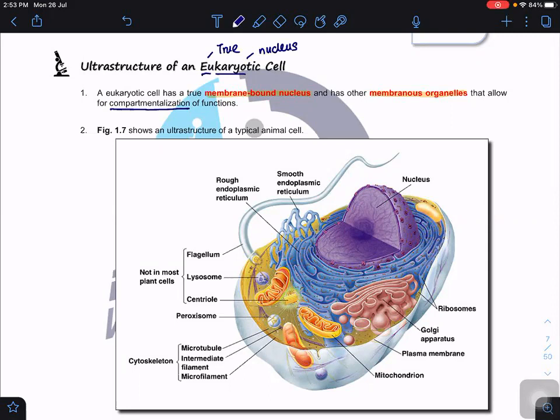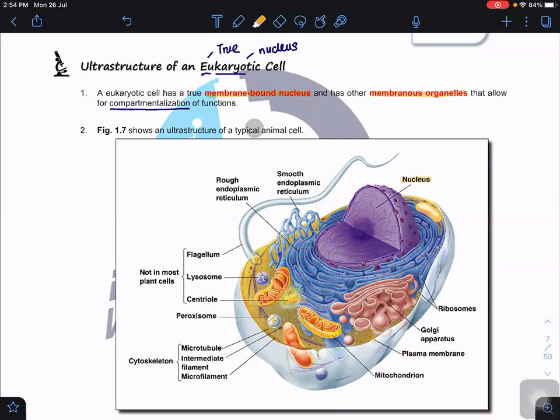Okay, so you can see in this diagram, it's a typical animal cell. When I say typical, it means that it's not all animal cells, but generally all animal cells will have these structures. The structures we need to cover here: first of all, the largest and very prominent structure is known as the nucleus.